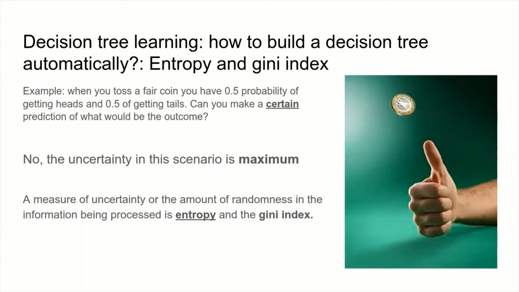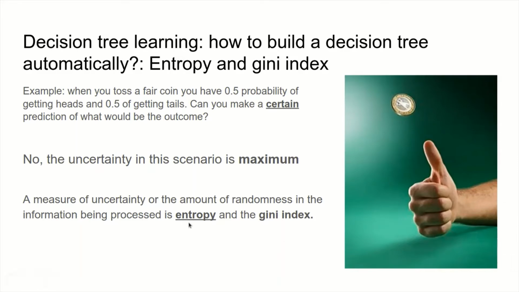There exist metrics that allow us to measure the level of uncertainty. For example, entropy and Gini index. These 2 are the ones that are used in order to build a tree, and we're going to see next how.